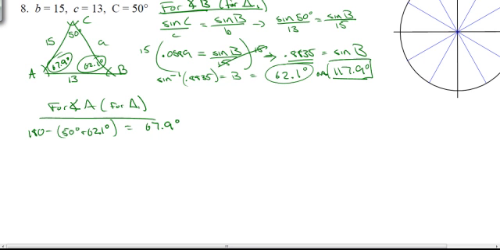I know what that angle equals. Now I can use my trigonometric ratios. Get back to where I wanted to be to begin with. I need to find side A for triangle 1.